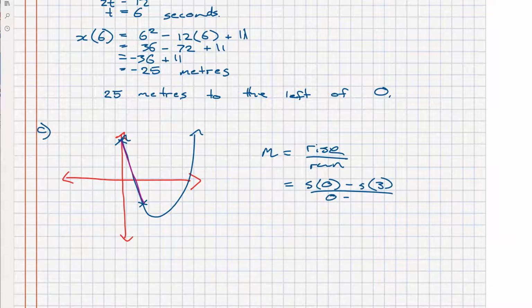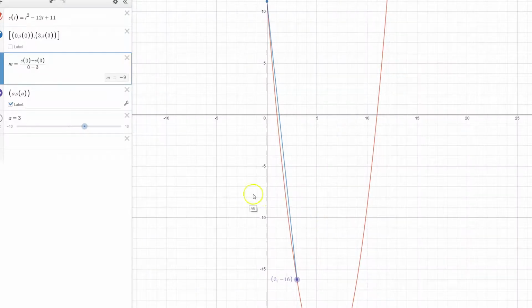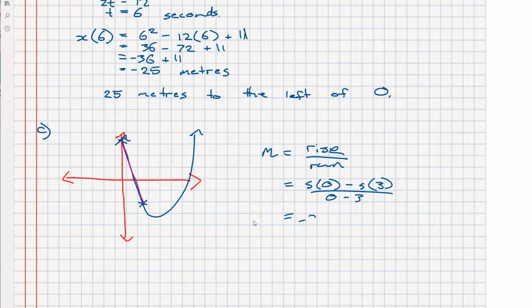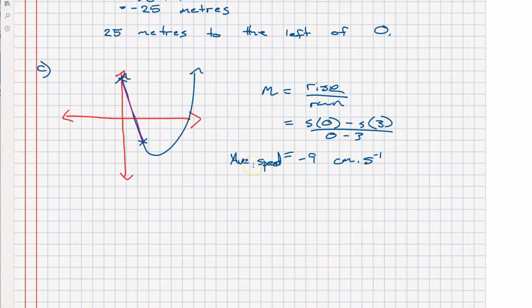And then it's going to be 0 take 3, and hence the reason it comes out to be negative 9. And that will be centimeters per second. So average velocity, sorry.